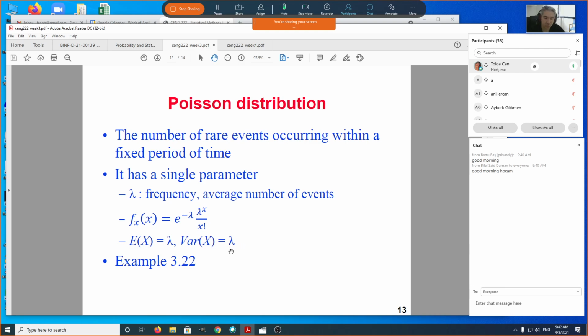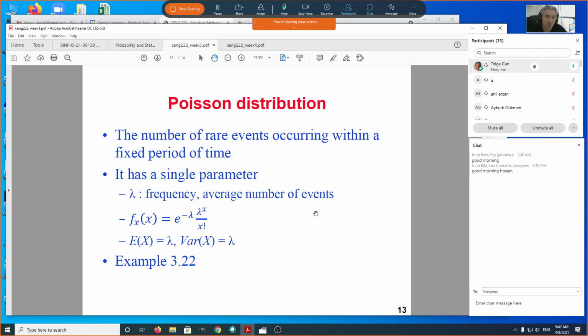That's the lambda parameter. Frequency or average number of events, you can think about that. And if, for example, the number of events that occur in a fixed time interval is lambda, the average waiting time for a single event is going to be 1 over lambda. So this is how they are related.